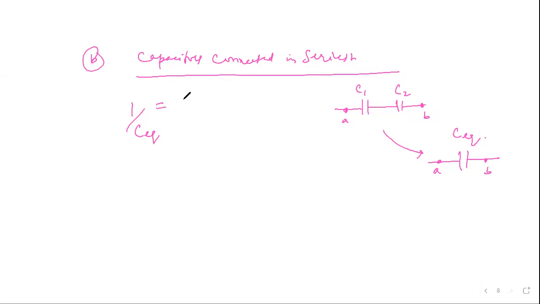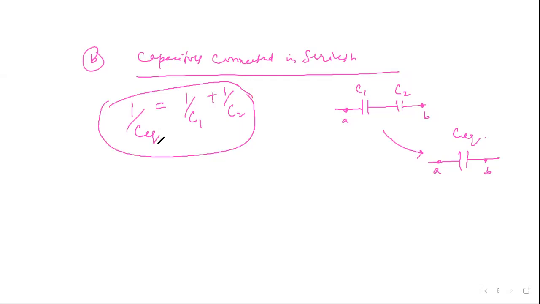So here 1 by C equivalent is 1 by C1 plus 1 by C2. That means if you have to find the equivalent capacitance, you first take the reciprocal of individual capacitances, then add those reciprocals, then take the reciprocal of the result. This is for two capacitors.